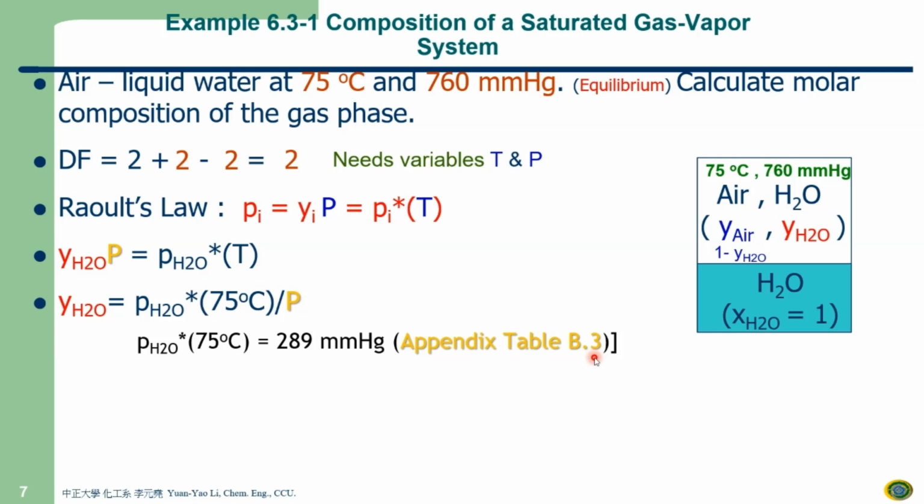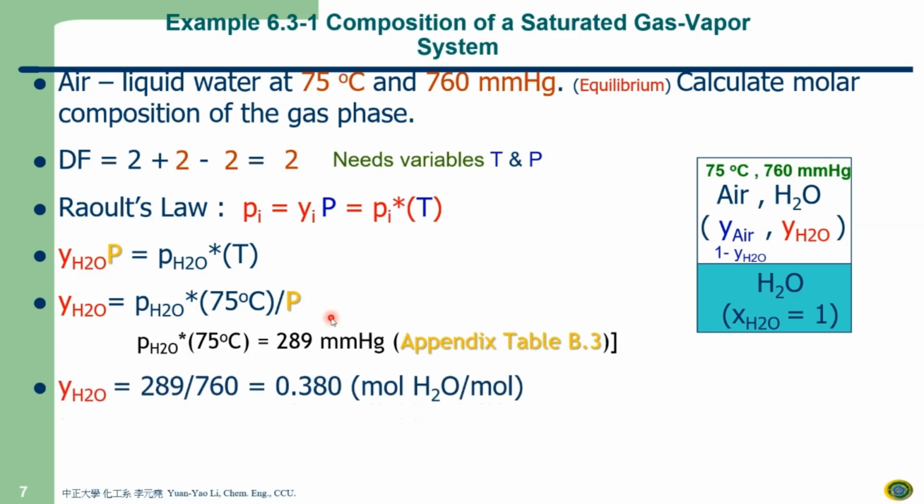I will help you, let's find this together on the next page. So you know that this is 289 and this is 760. So, of course, the molar fraction of water vapor is 0.380. Obviously, the molar fraction of air is what? It is 0.62, right?